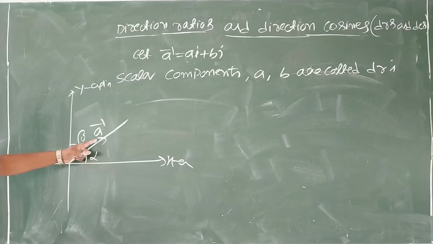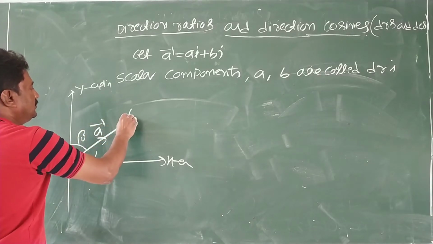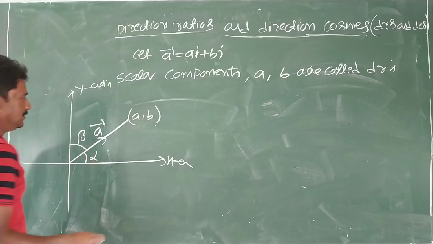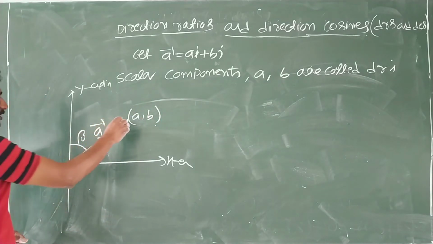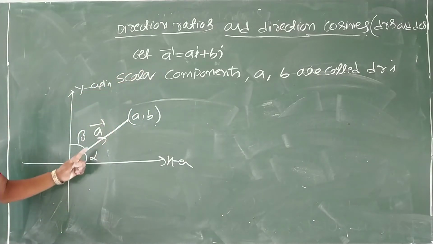Vector A is making an angle alpha with x-axis, beta with y-axis. So tell me the components of this vector A. So a, b, right?